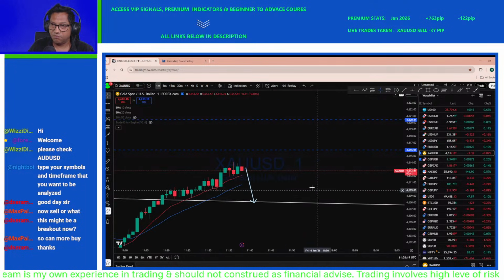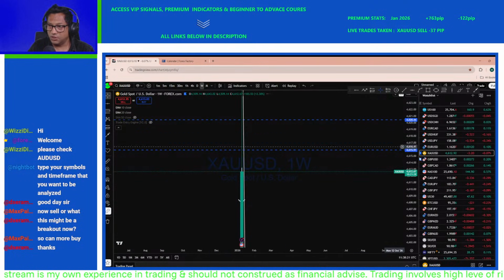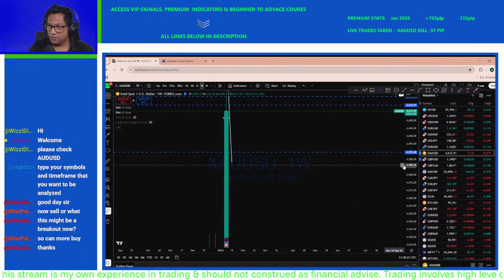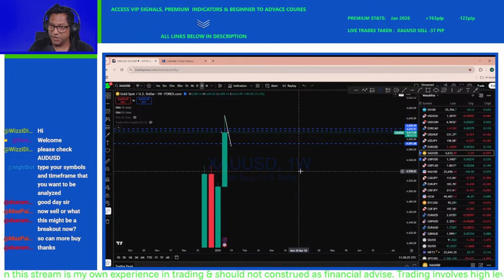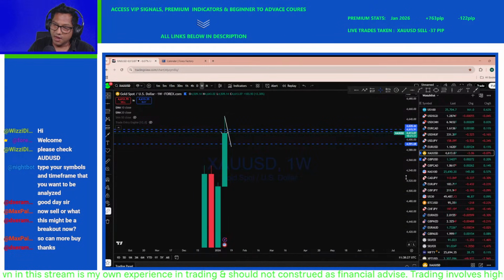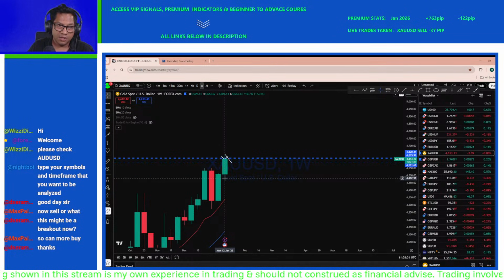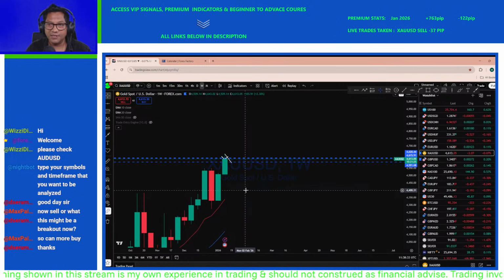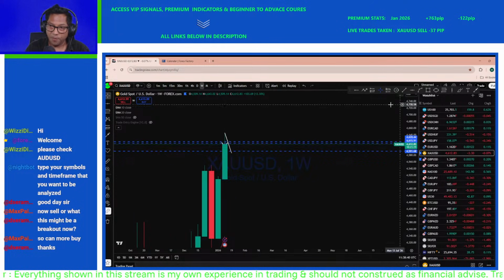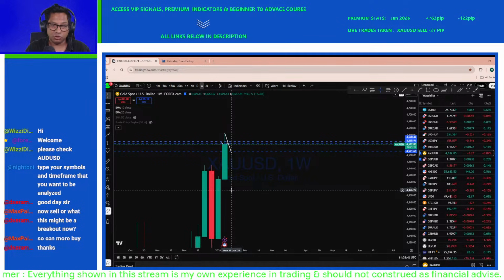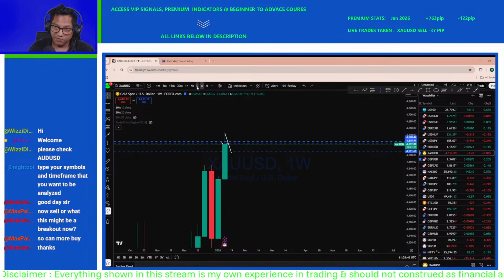One is, if you look at the weekly, this is a massive bullish breakout earlier, and back to back two weeks there is no weakness at the bottom. You can see in those weekly candles that there is a gap open, and because of the gap open, there is a potential for an upside move here.